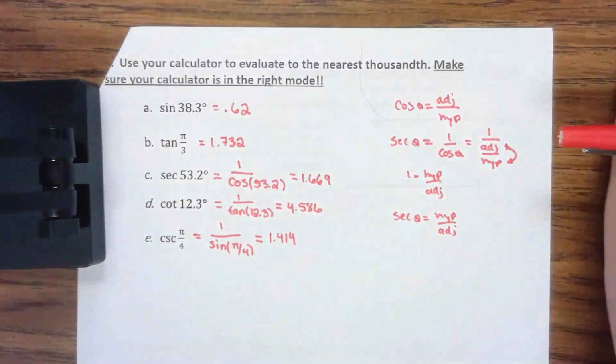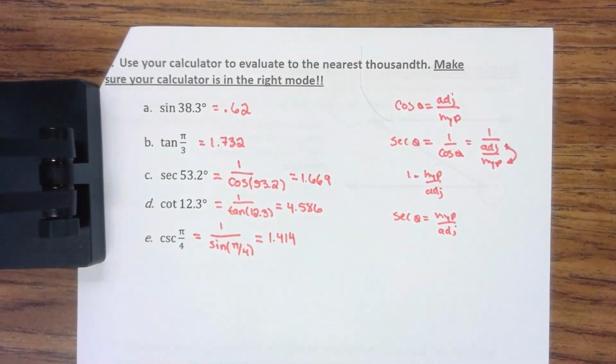So all of these decimals would be equivalent to, if we were working in a triangle here, those opposite, adjacent, hypotenuse sides and whatever ratios that might end up being.